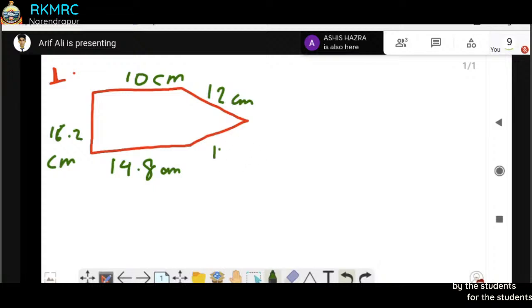Writing it clearly, 13 centimeter, 16.2. Let me write it again so that you don't get confused. 16.2 centimeter.